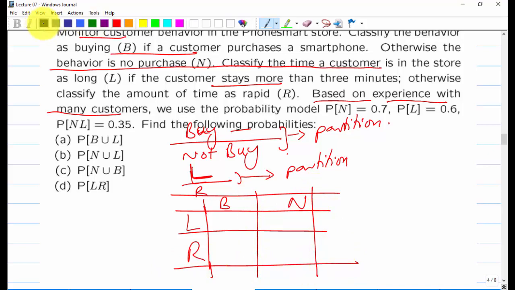So probability of not buying and staying long is 0.35. Probability of not buying is 0.7, and probability of staying long is 0.6.